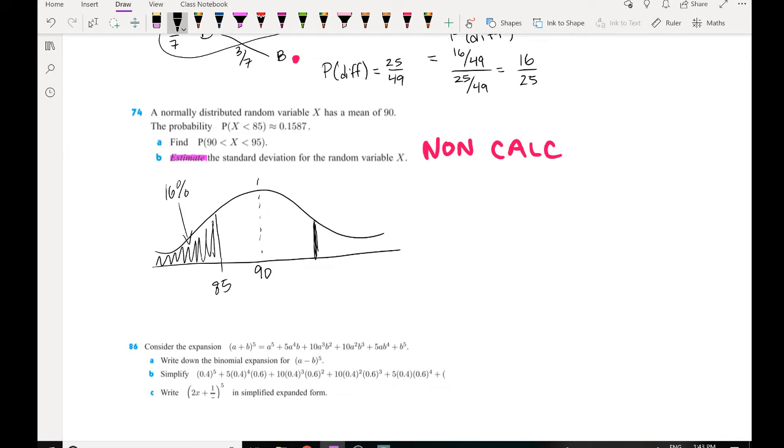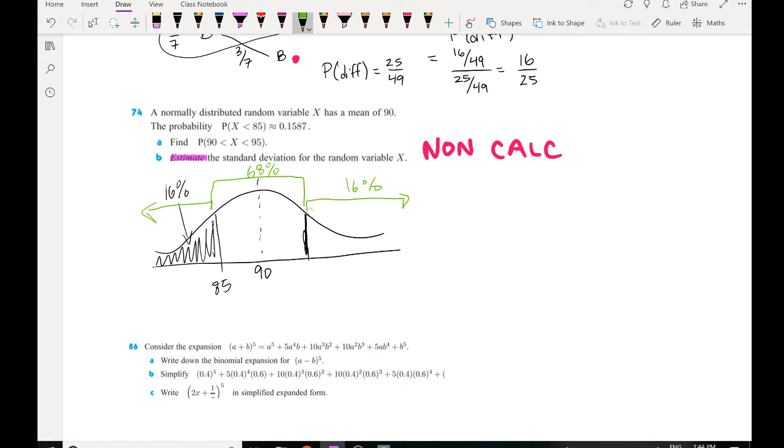Thanks for the recommendation, Jake. So we know that from one standard deviation below to one standard deviation above is 68%, which leaves over 32 that gets split to either side. So that means there would be 16 this way and 16 this way.